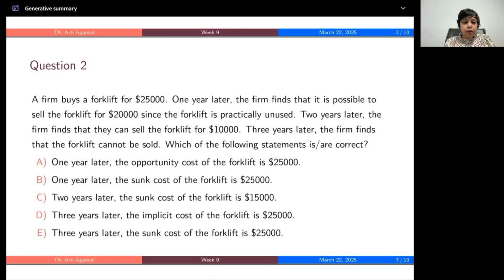Next statement is D. 3 years later, the implicit cost of forklift is zero, because 3 years later, the firm finds that the forklift cannot be sold. So therefore, you can get $0 by selling the forklift, which means you cannot get any money. So implicit costs are mostly costs which you cannot reflect in accounting.